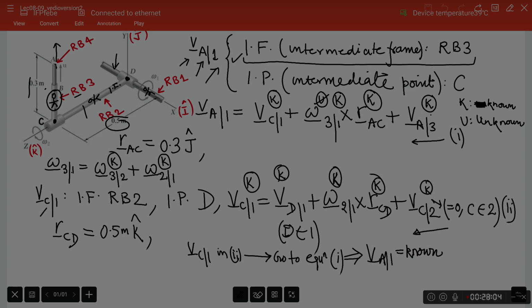If you use the numerical values given in the problem statement, I am going to mention the final answer here.